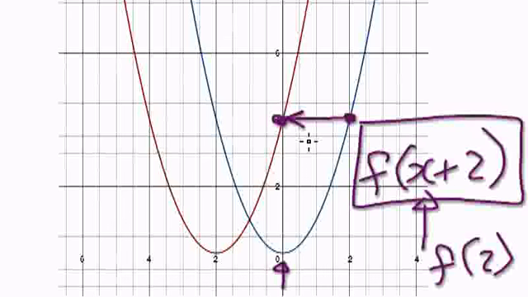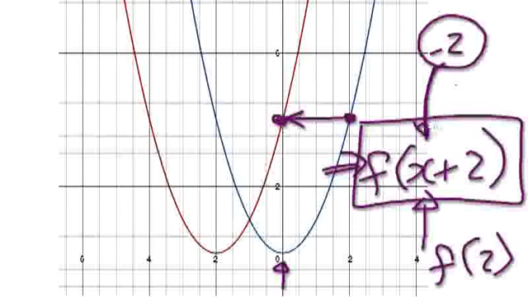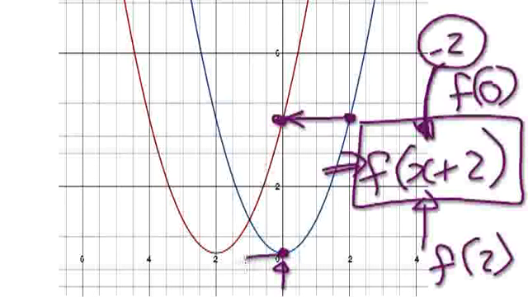If we investigate this at x equals negative 2, you put the negative 2 into here, and it's the equivalent of you working out f of 0. Well, f of 0 is here, and then it gets shifted across like this.